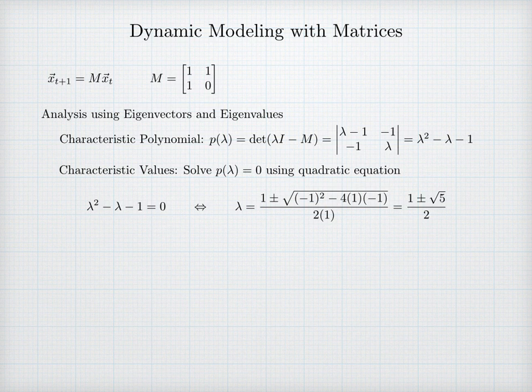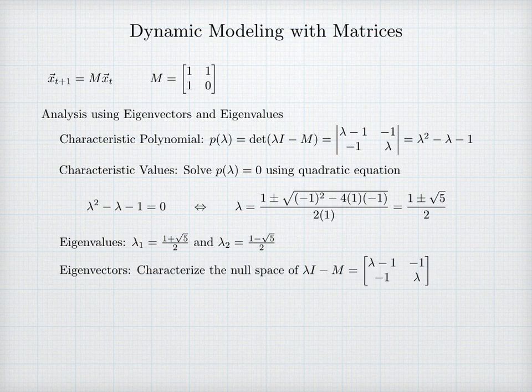Plus or minus the square root of negative 1 squared, that's b squared, minus 4 times a, which is 1, times c, which is negative 1, all over 2a, which is 2 times 1. The value inside the radical is just 5, and so I have two eigenvalues. My first eigenvalue is 1 plus the square root of 5 all over 2, and my second eigenvalue is 1 minus the square root of 5 all over 2.